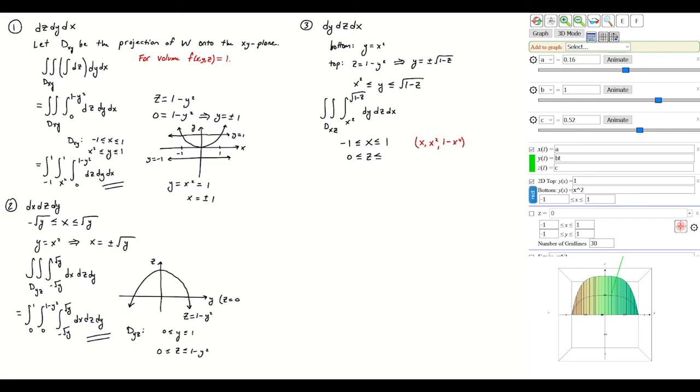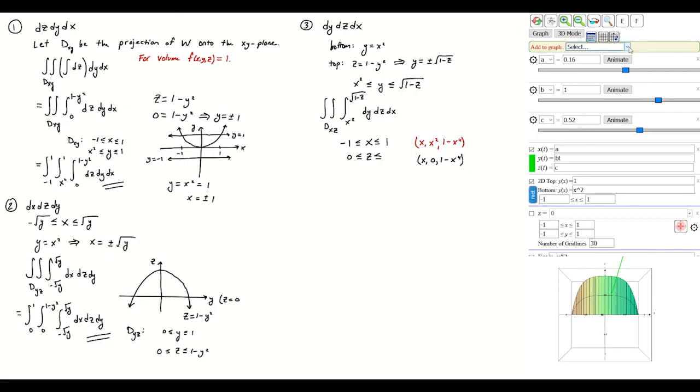This means we have x, 0, 1 minus x to the 4th, and that should be this upper curve here.